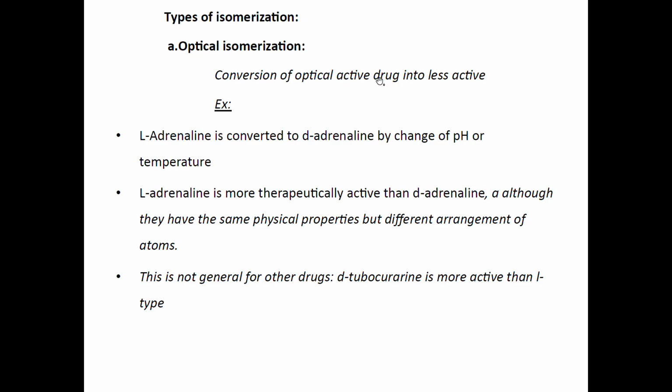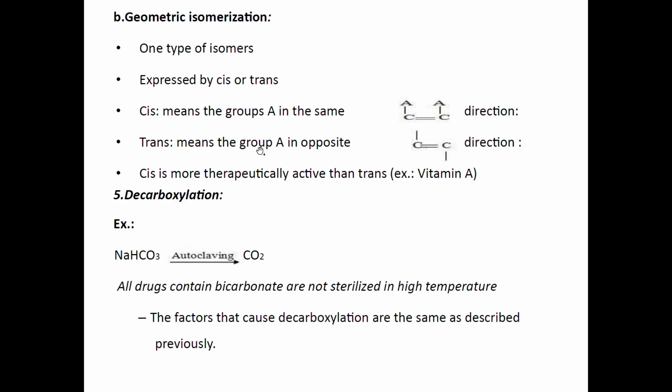Conversion of an optically active drug into a less active one. Adrenaline is more active, but sometimes it may get converted into d-adrenaline, which has no activity of its own. Okay, but sometimes tuberculin has activity, but if it is converted, then it will not show any activity.